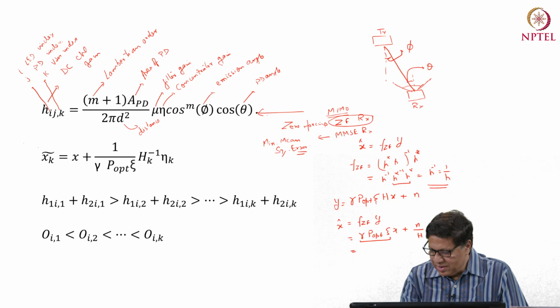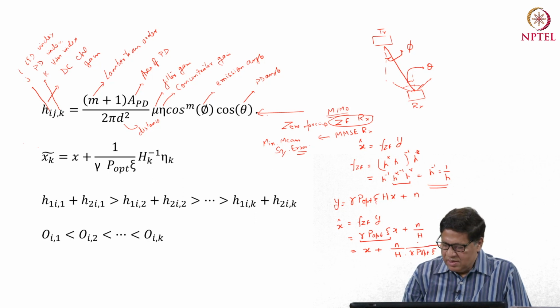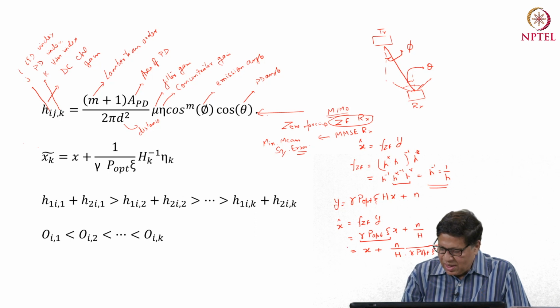So what I get is x plus n over H, with the factor gamma P_opt and modulation index at the bottom. So this is what I have written here.